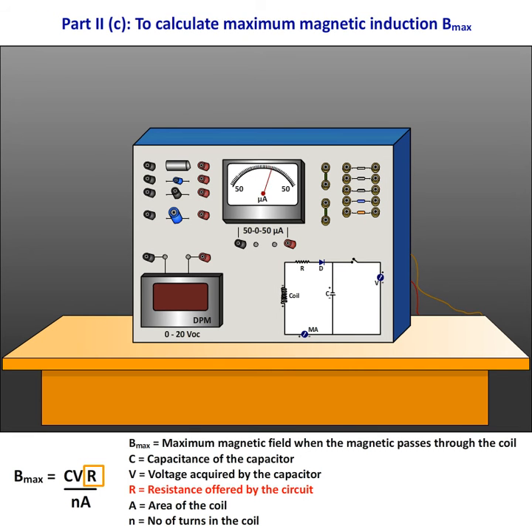In this section, we will calculate the magnetic induction by using the formula as mentioned on the screen. For this experiment, we use the same circuit as mentioned in the previous parts and take about 5 to 6 different values of R, being the resistance, and measure the induced EMF.